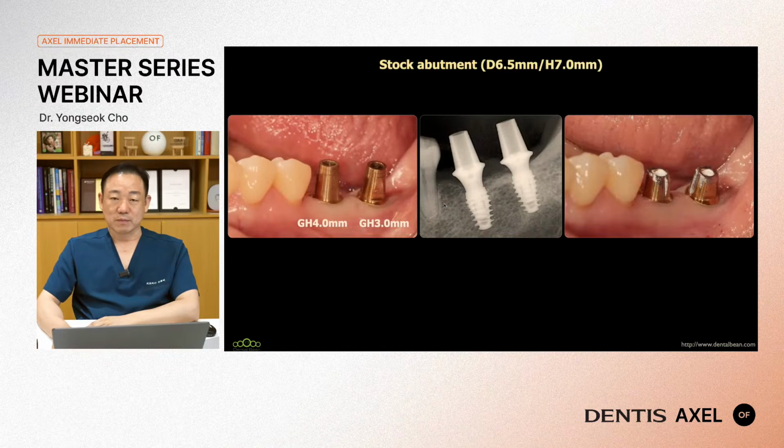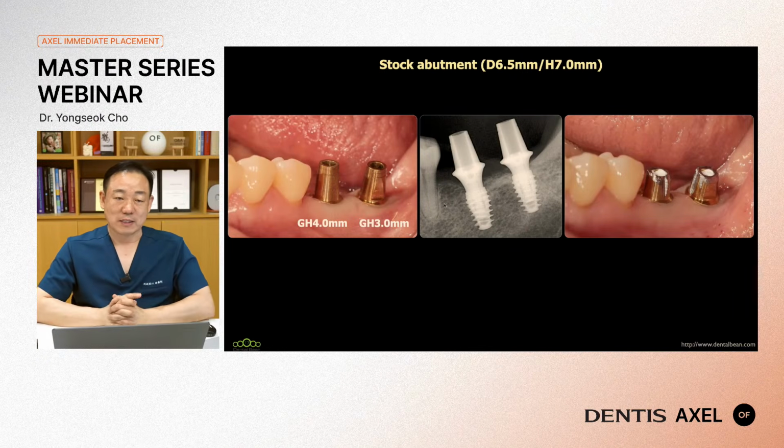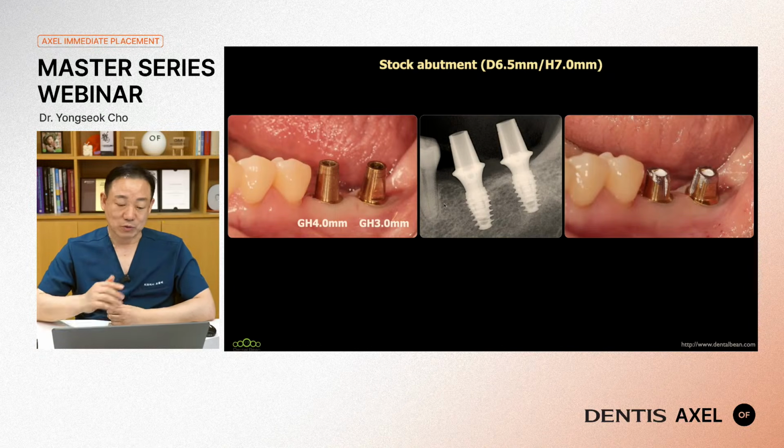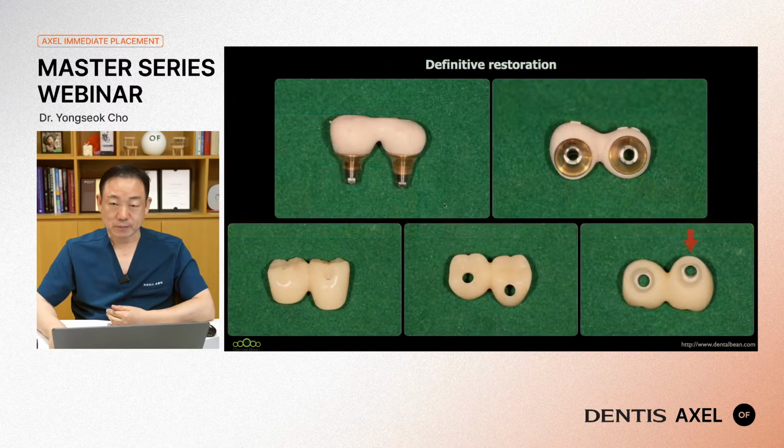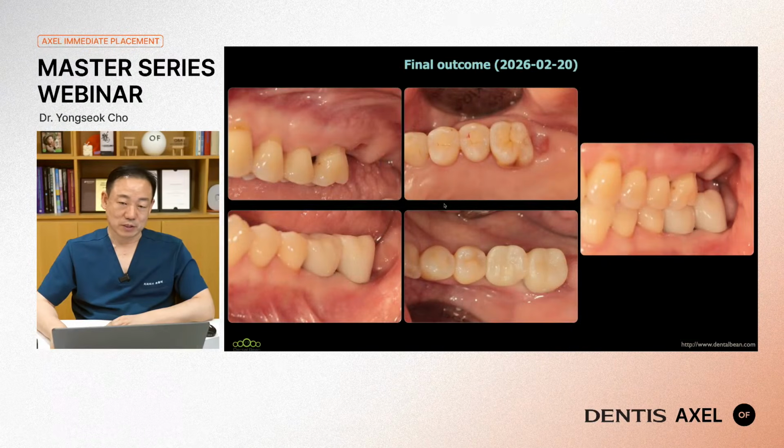Here, Dr. Kim used the stock abutment. When implant position and path are ideal, we can use stock abutment and simply continue restorative procedures. Here, final crown made and delivered to patient's mouth like this.